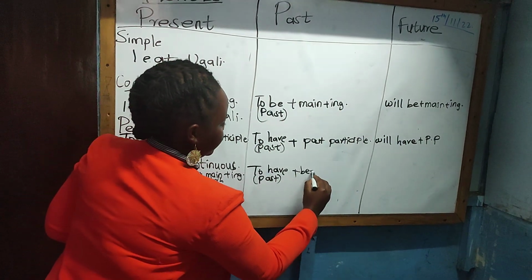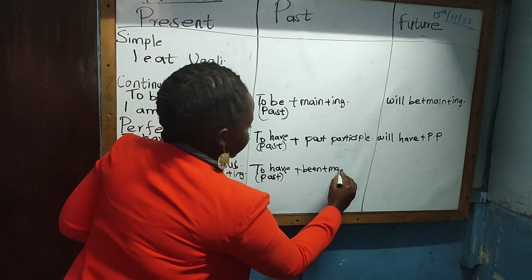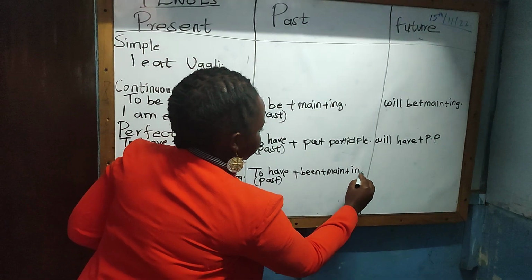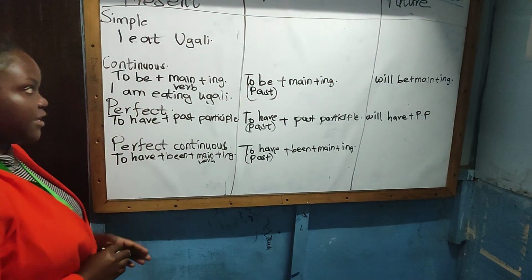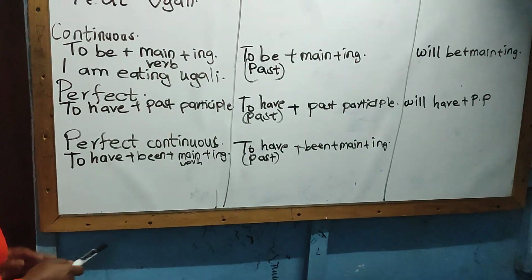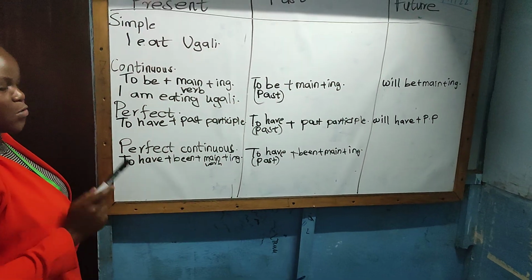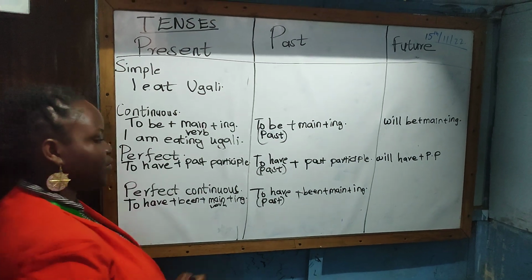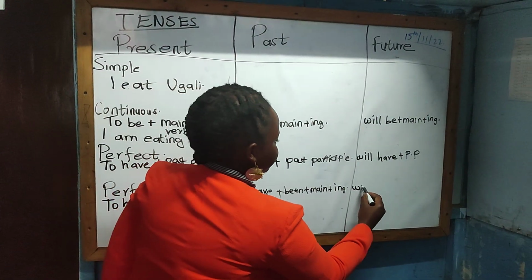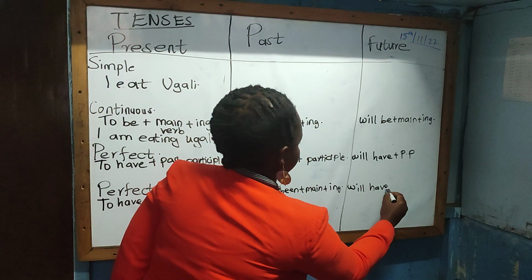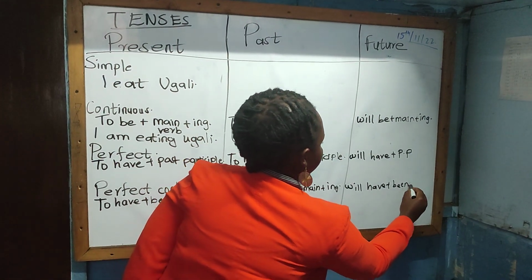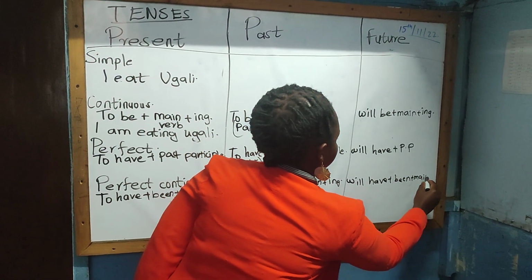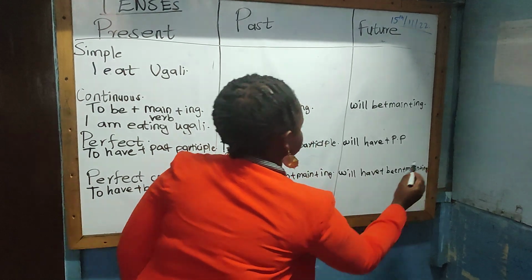Plus been, plus the main verb, plus ing. And then in future tense, instead of using to, we always use will. So how do we form future perfect continuous? We form it when we have will have plus been plus the main verb plus ing.